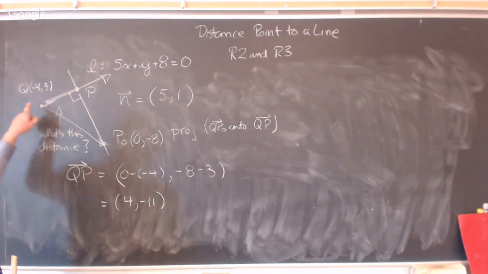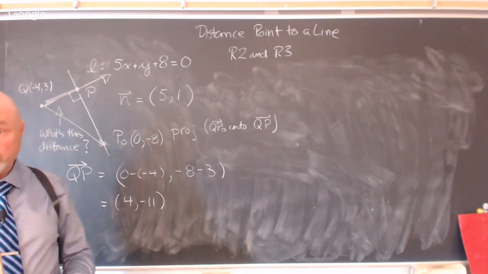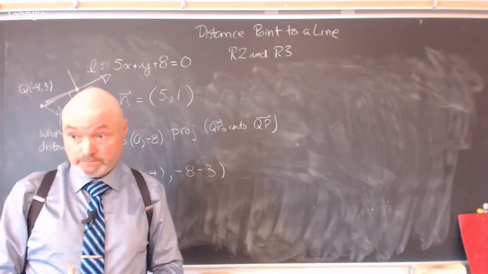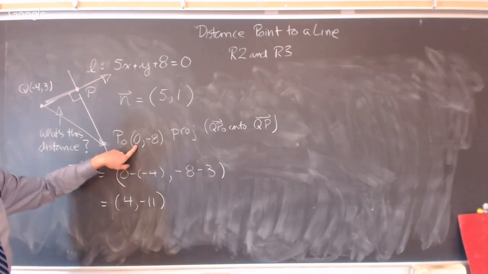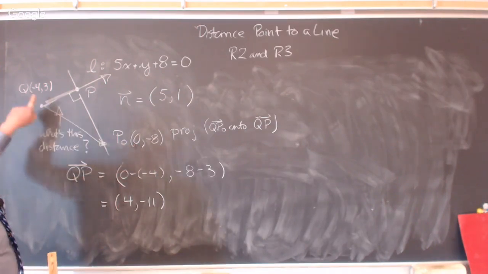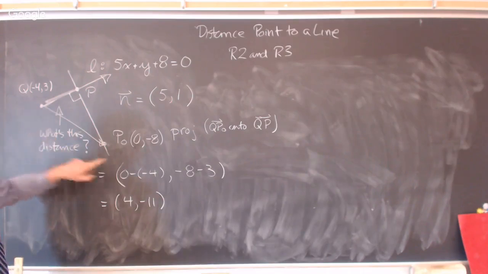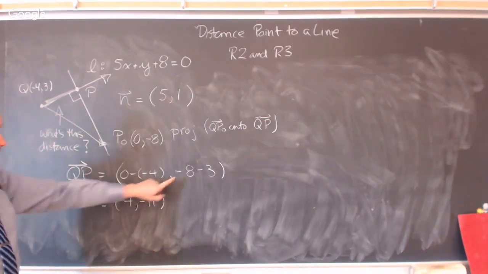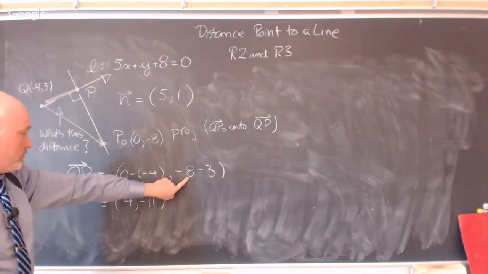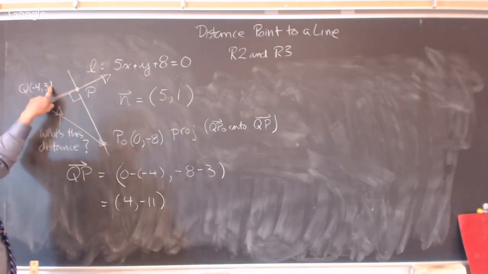Okay, so I found out what the x and y components of vector QP are. And I did it by taking the coordinates of the tip and subtracting the coordinates of the tail. So I took the x part of P and subtracted that, and I took the y part of P and subtracted that.